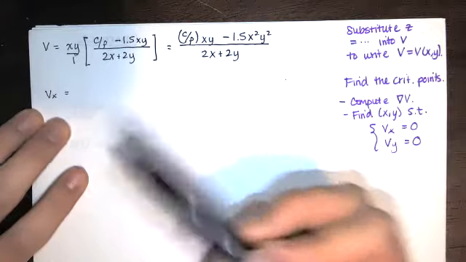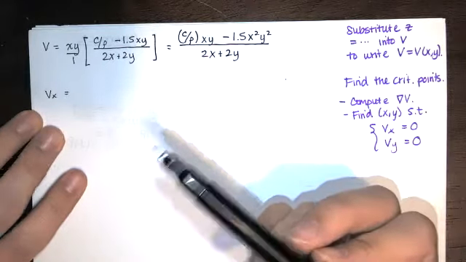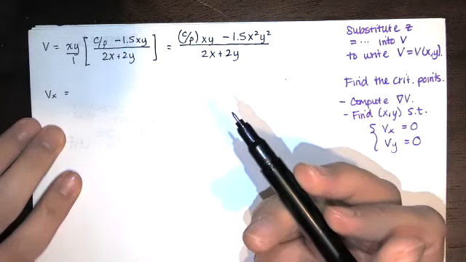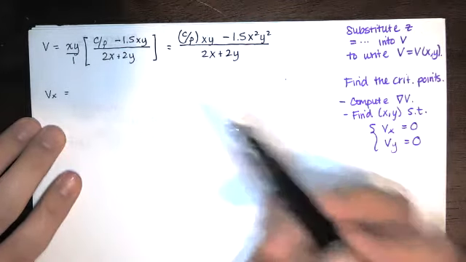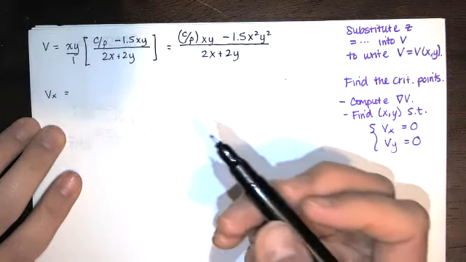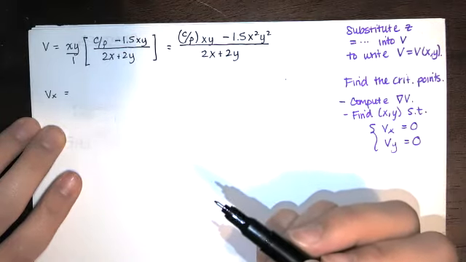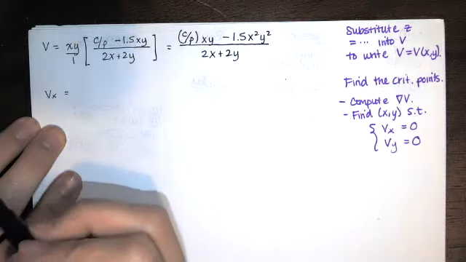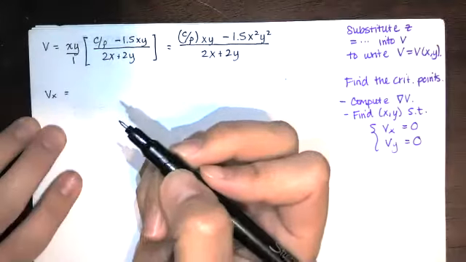So because of symmetry, the partial of V with respect to x and the partial of V with respect to y are going to be very similar. I can just use the partial of V with respect to x to find the partial of V with respect to y. That way we don't have to do this calculation twice. It's not exactly the same, but you'll see because of the symmetry.